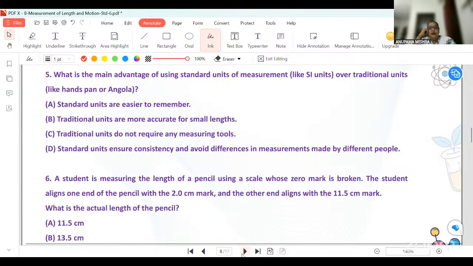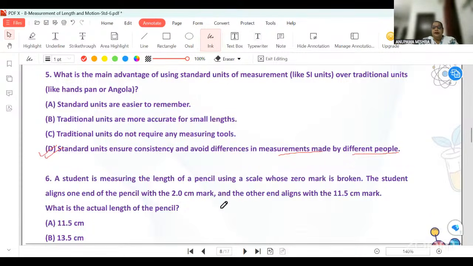Standard units are easier to remember, or traditional units are more accurate for small length, or traditional units do not require any measuring tools. D is the correct answer. Very good. Standard units ensure consistency and avoid the differences in measurement made by different people.